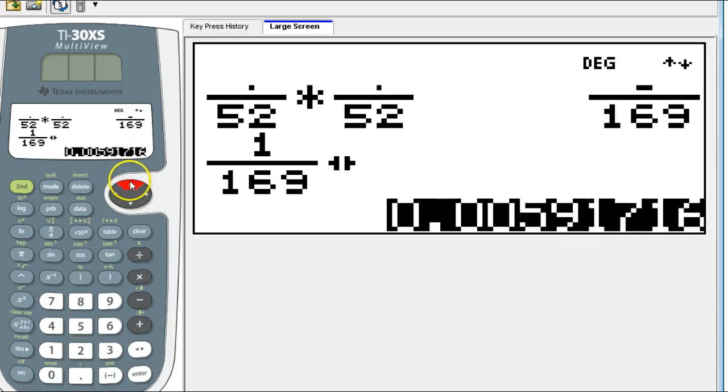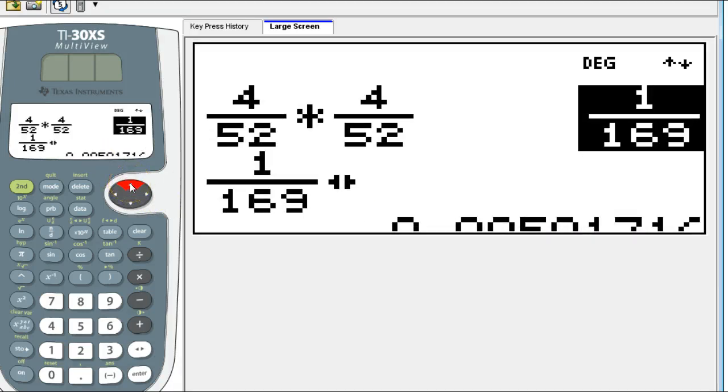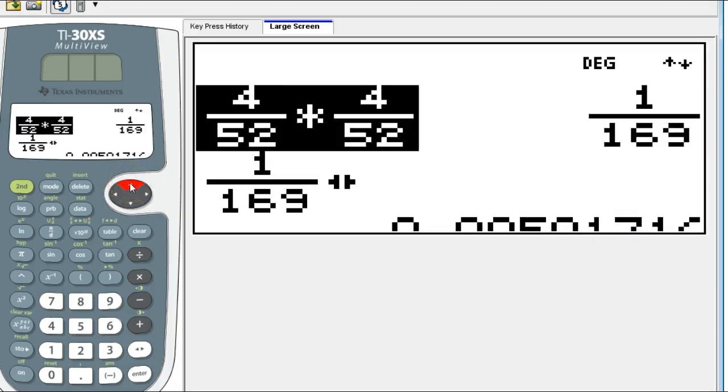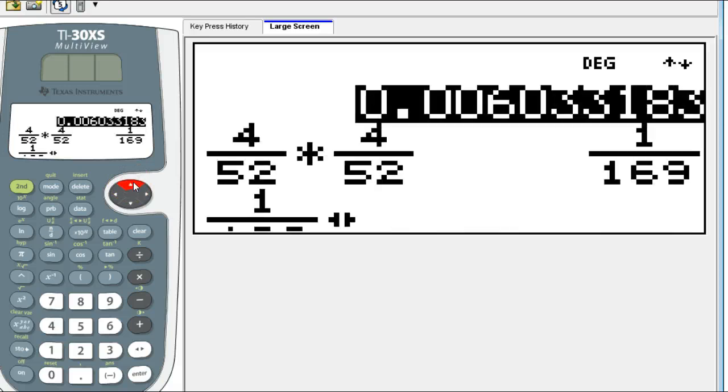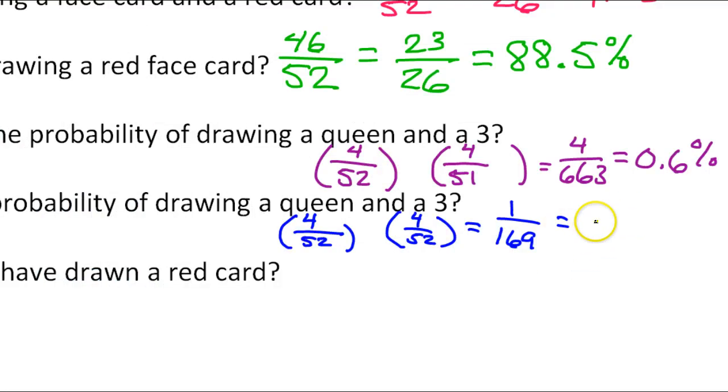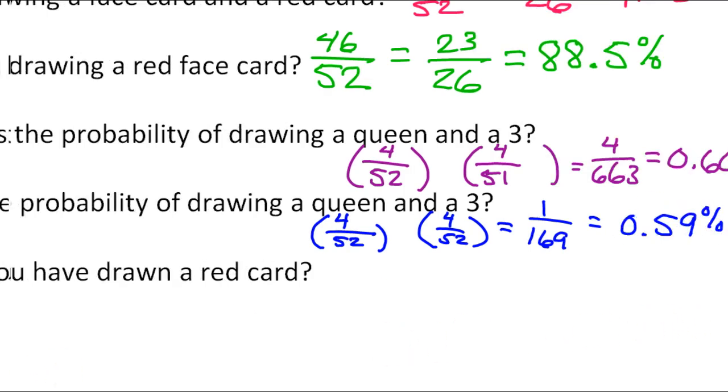The last one, let me put more decimals on it. The last one was 0.60. Okay, so there you go.